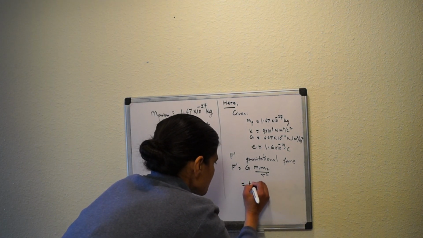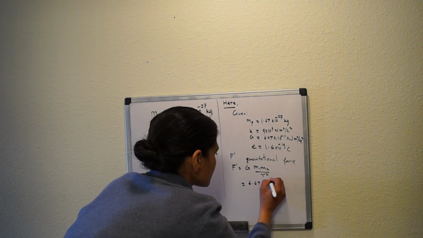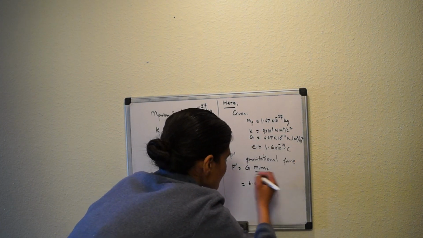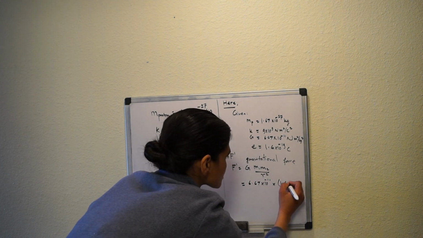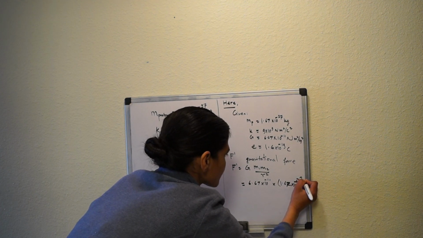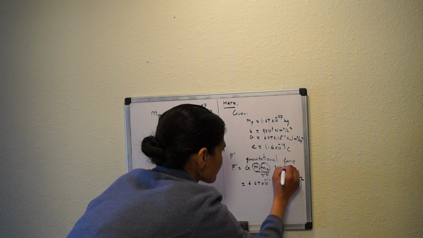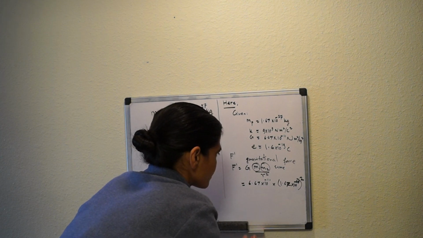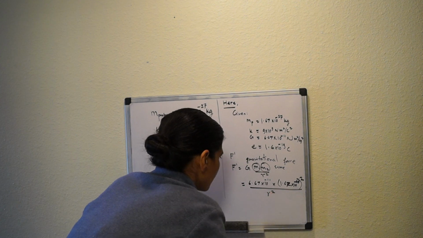G is 6.67 times 10 to the power minus 11 times m1, the mass of the proton. m1 and m2 have the same mass, so we are just going to do 1.67 times 10 to the power minus 27, squared, divided by r squared.